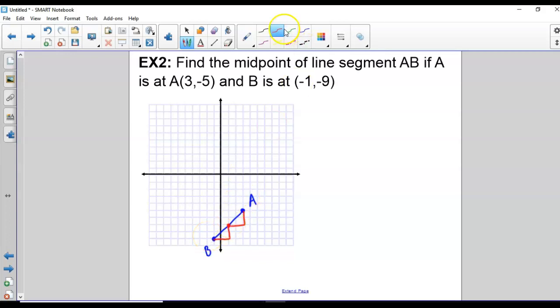So I would know that that point right there is my midpoint, and I can just read the coordinates off for that. That is 1, -7. So 1, -7.